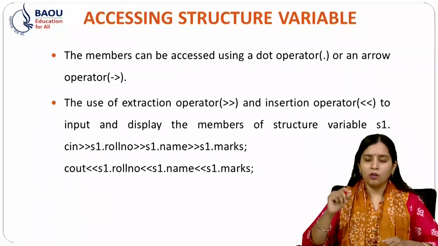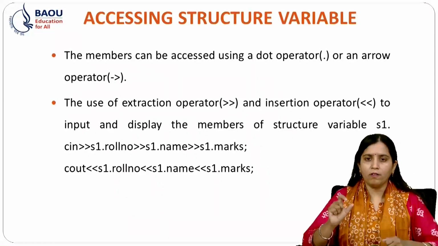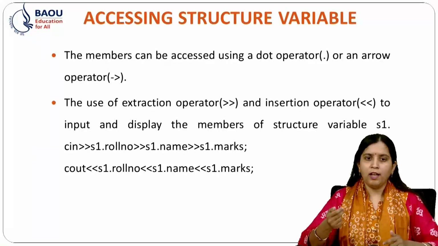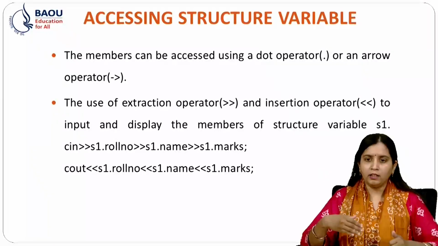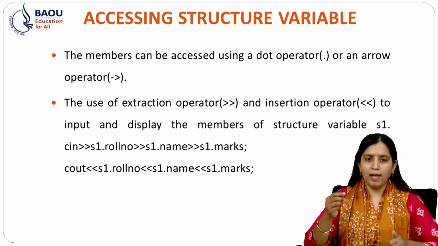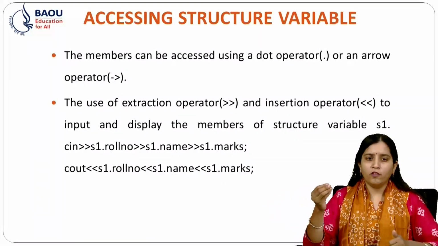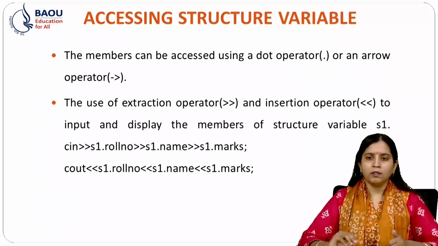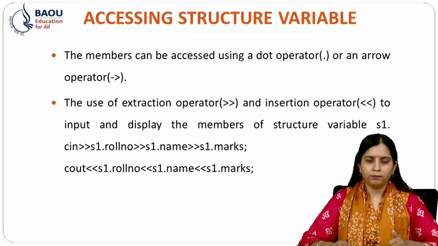S1 dot roll number. Roll number is a data member which we have defined in our structure. And if I want to access any other members, we will write S1 dot name, S1 dot marks, and so on. And for using cin and cout, we will do this kind of interaction with our compiler.